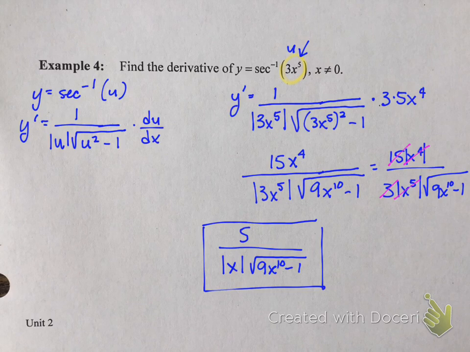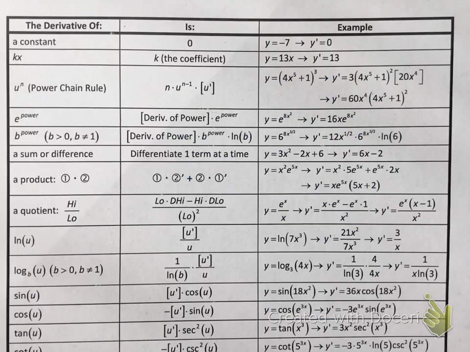And there's one more page to this, and this page basically goes over every single derivative we have covered so far. So please make sure to look over this page. We go over the constant, the power chain rule, the power rule, like e raised to the power. What do we do with that? b raised to the power, remember that's a constant. What do I do with a constant?